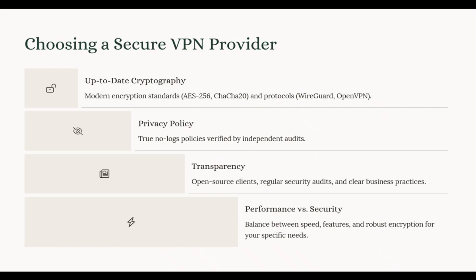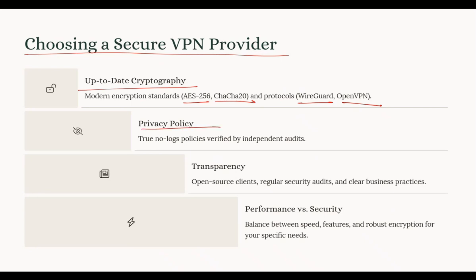Then choosing a secure VPN provider. This is also something to consider. It should have up-to-date cryptography, using modern encryption standards like AES or ChaCha20 and protocols like WireGuard and OpenVPN.